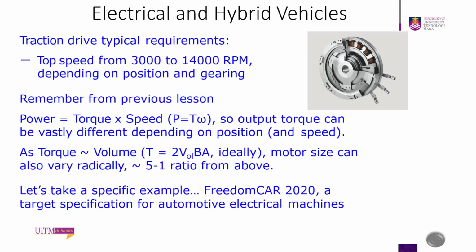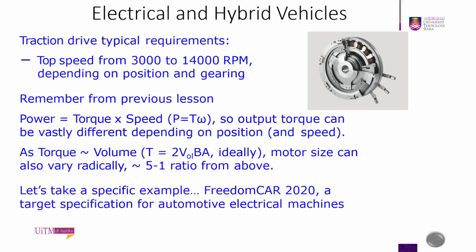But when we talk about electric and hybrid vehicles, it's more on the traction drive. Typical requirements for the traction motor of the car: normally the speed can go from the normal 3,000 rpm up to 14,000 rpm. And from the previous lesson, we know that power equals torque multiplied by speed.